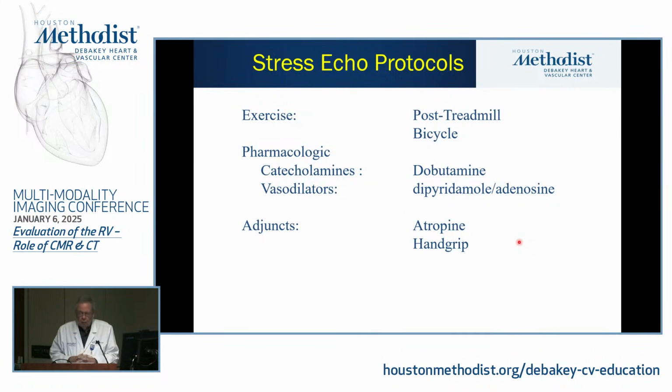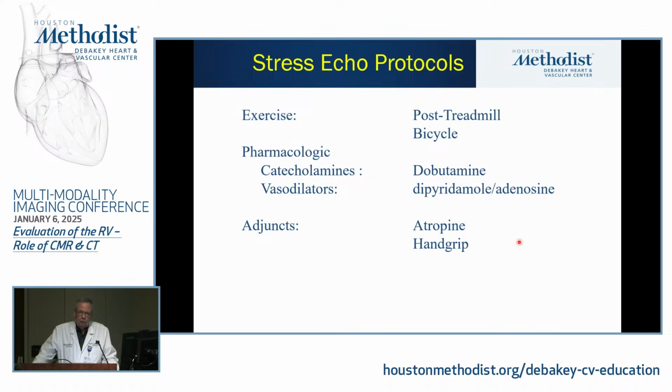Well, the one used 90% of the time everywhere is the treadmill technique, using the standard Bruce protocol, and then doing imaging before and immediately after exercise. We're also going to talk about bicycle stressing because it does have a lot of nice things, and we should be using it more often. And then the pharmacologic techniques, which of course is dobutamine, sometimes with the help of hand grip.